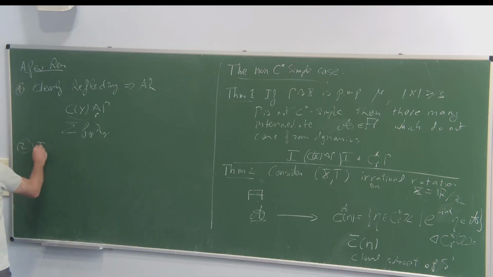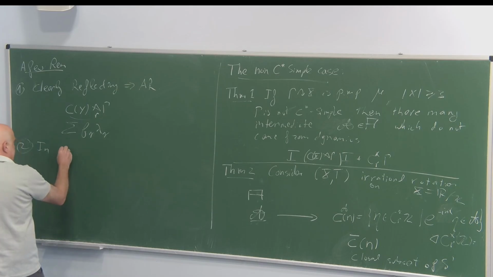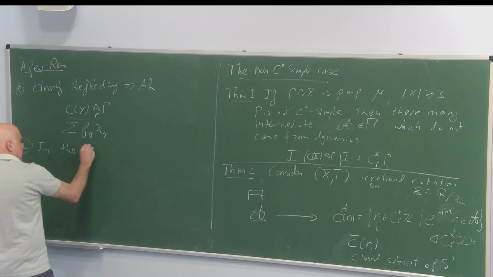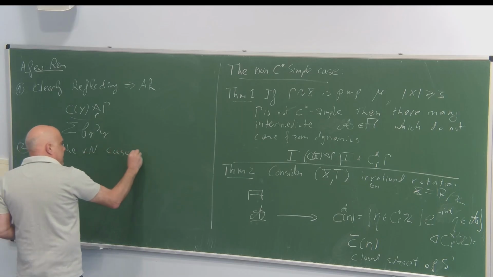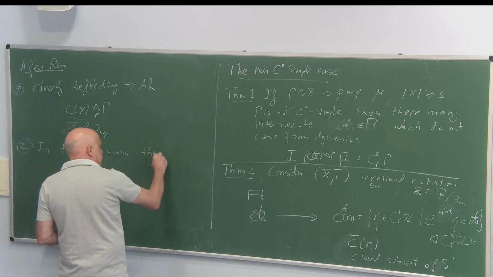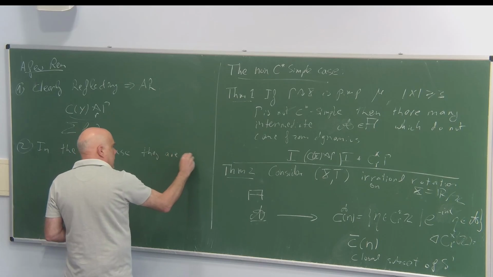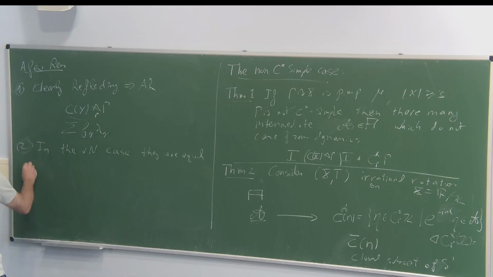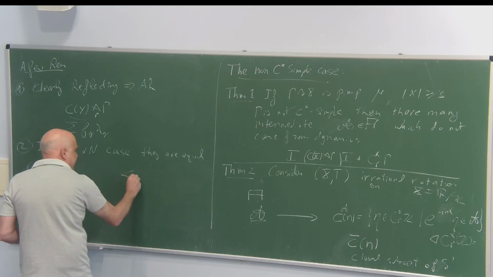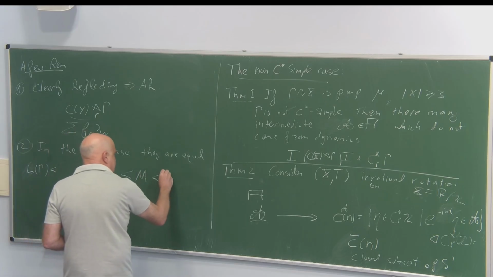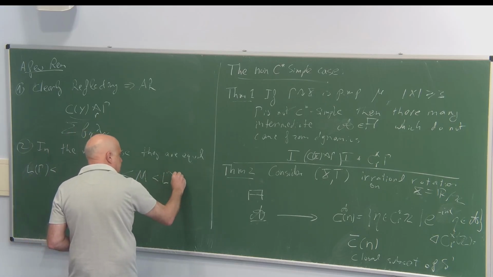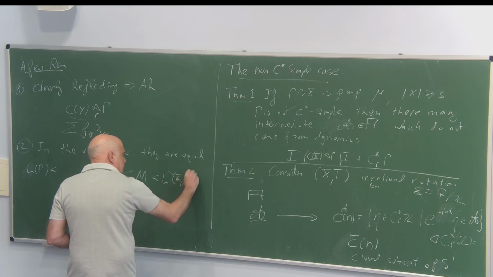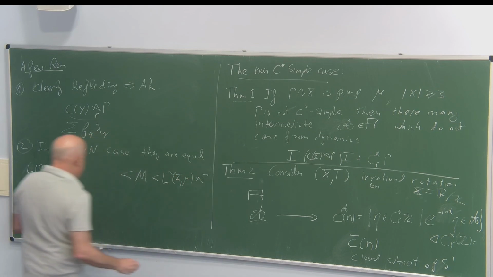In the von Neumann case, they are the same. Okay, let's look at the following situation. I have here L of gamma, and here I have some intermediate algebra M between the cross product and gamma.